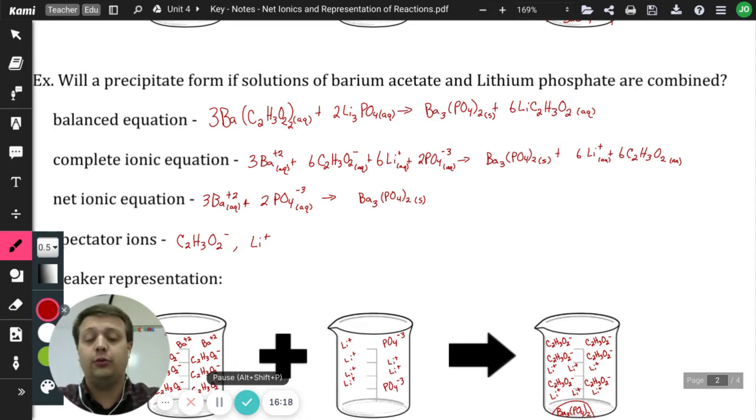They told us that we had solutions of it, plus 2 Li3PO4, which was aqueous, and that produced barium phosphate, Ba3(PO4)2, which is a solid because it is not a soluble salt. And then I had 6 LiC2H3O2, which was aqueous. Then I took that and I wrote my complete ionic equation.